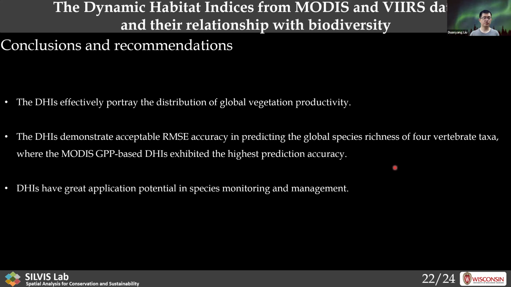For species richness prediction, we found that the DHI demonstrates acceptable RMSE accuracy in predicting global species richness, where the MODIS GPP DHI has the best accuracy. Moreover, the DHI are widely applied in related fields, which indicates their great potential in biodiversity monitoring and conservation.